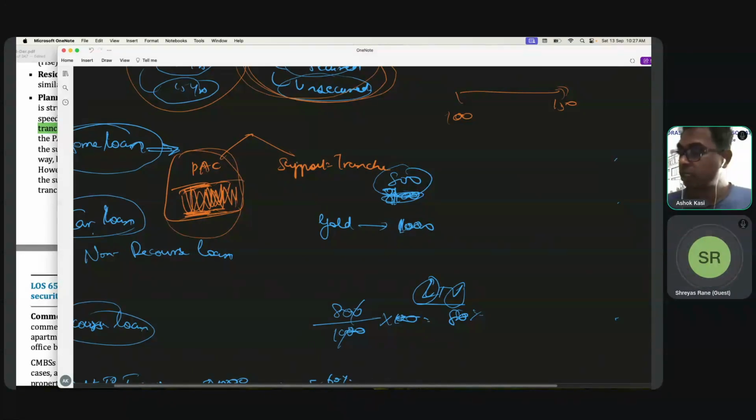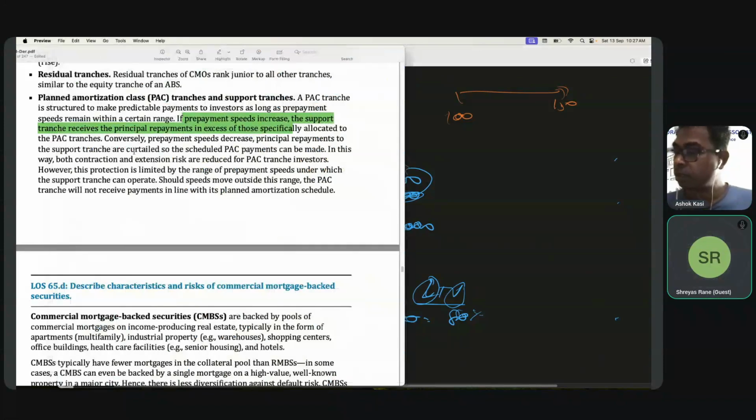If it goes outside the range... Conversely, if prepayment speed decreases, principal repayment to the support tranche is curtailed, so the scheduled PAC payments can be made. In this way, both contraction and extension risk are reduced for PAC tranche investors. However, this protection is limited by the range of prepayment speed under which the support tranche can operate. Should speeds move outside this range, the PAC tranche will not receive payments in line with its planned amortization schedule.